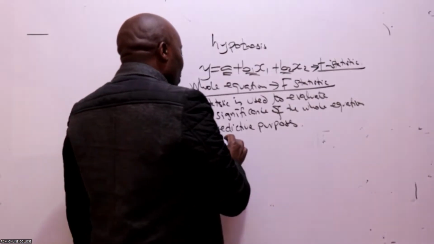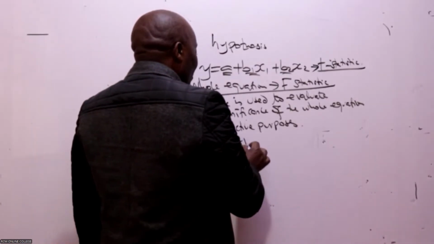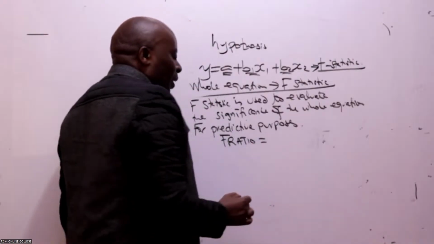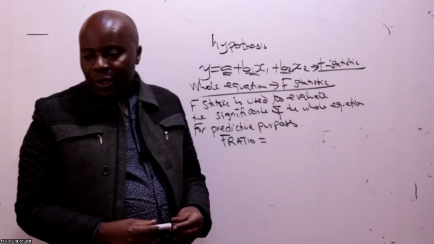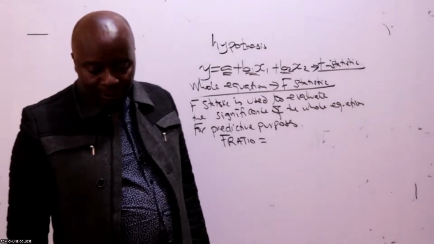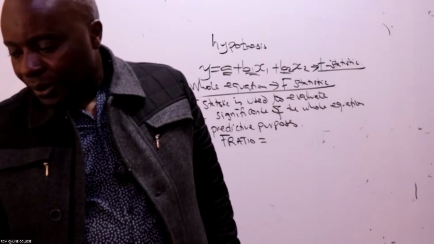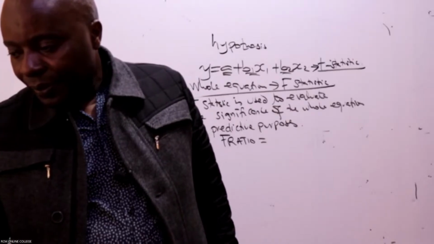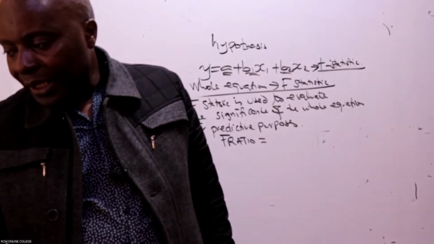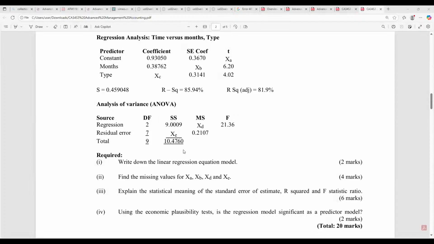Is there anybody who knows how we normally compute the F ratio? Somebody remind us, how do we compute the F ratio?